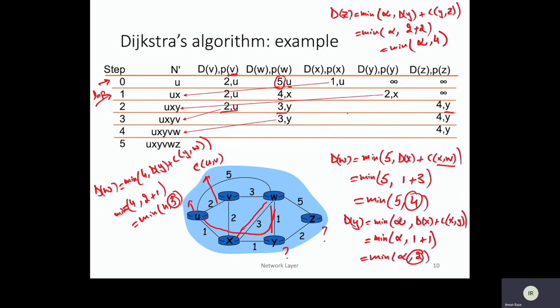We discussed that this advertisement is carried in OSPF messages over IP rather than TCP or UDP. And for route computation, Dijkstra algorithm is used in OSPF, and we have just looked at the working of Dijkstra algorithm, right?